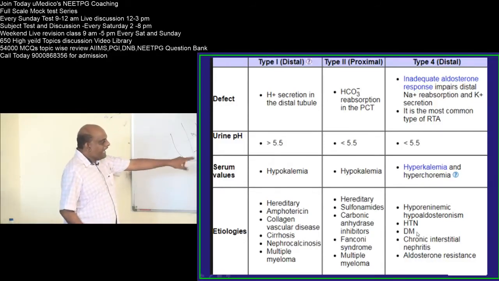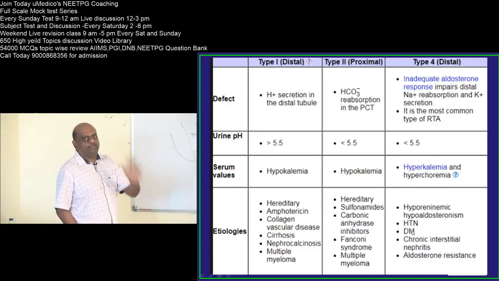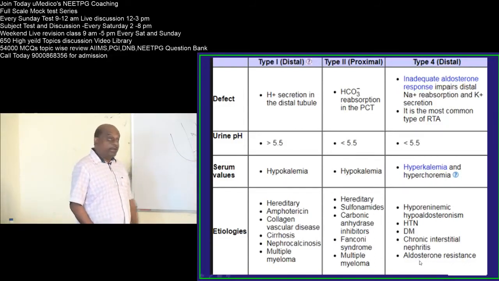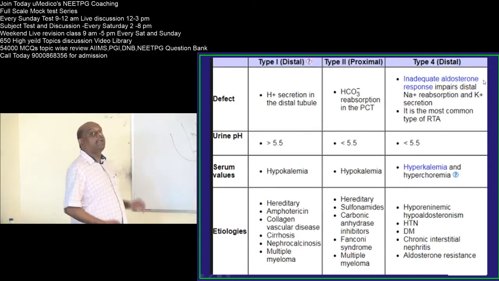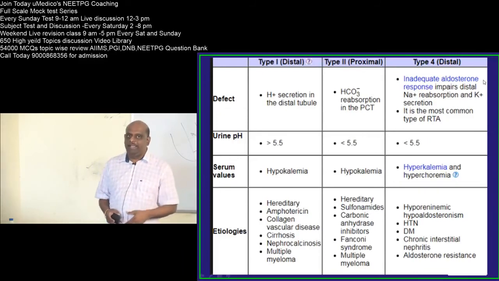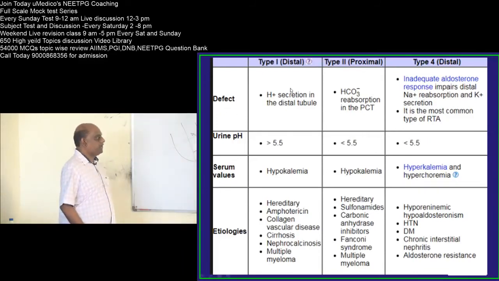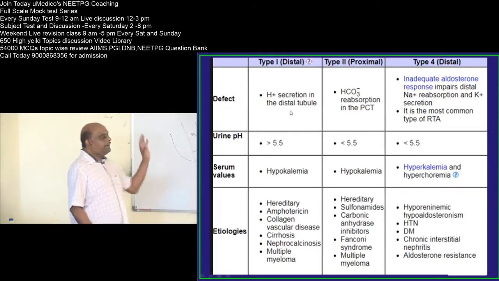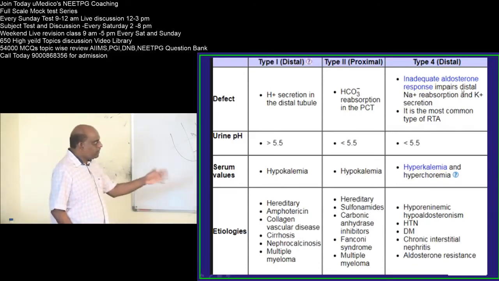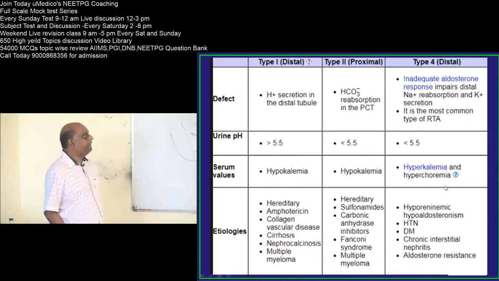Then diabetes and hypertension are the main reason for type 4 RTA, and chronic interstitial nephritis and aldosterone resistance are the causes for type 4 RTA. You have to be doubly sure. All renal tubular acidosis are hypokalemic, but not type 4, which is hyperkalemic, is what you need to remember.